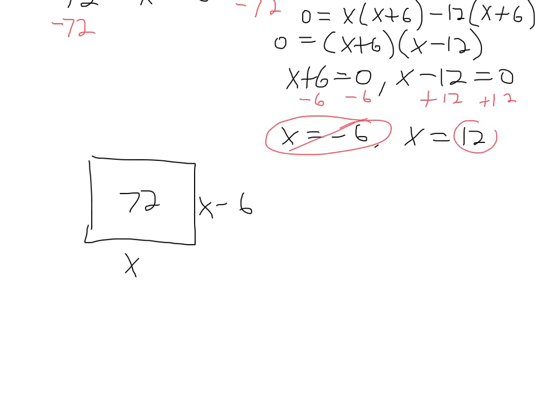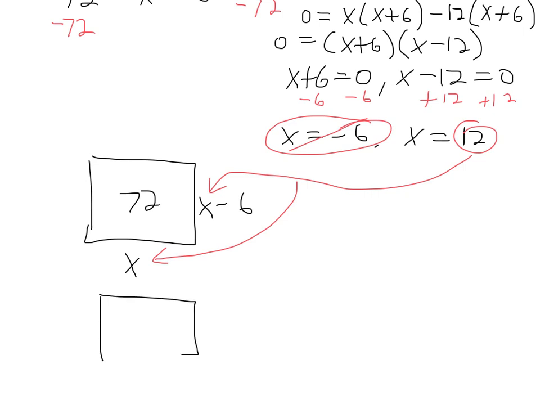Now we take this value and we plug it into the x's in our picture. And we get this picture. 12, 72, and when I plug in 12 into x minus 6, 12 minus 6 is 6.